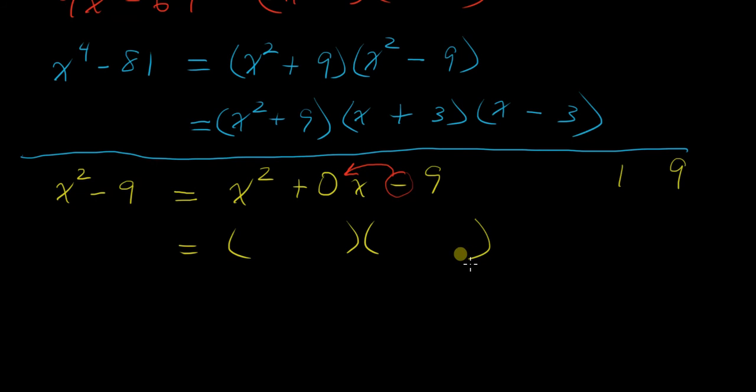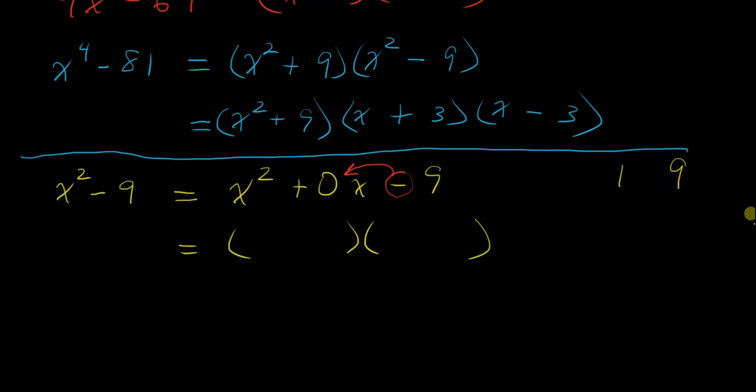If you haven't seen that video, you probably don't know what I'm talking about, so I would suggest going and watching it. But if you are already familiar with that, then you would just factor this the normal way. You don't have to use the difference of squares shortcut. You can turn this into the look of a normal quadratic and then just do the other method.